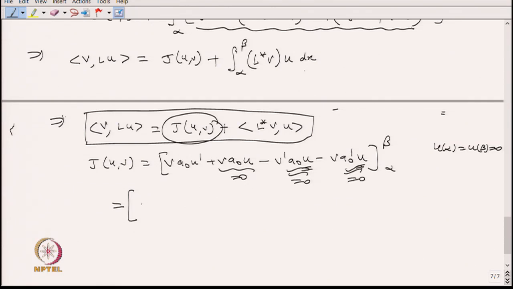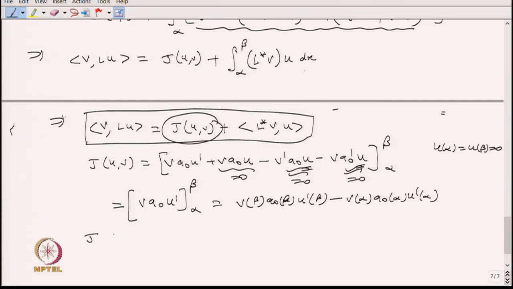So, we will come up with only v a naught u dash between alpha and beta. So, this will be v at beta a naught u dash at beta, minus v of alpha a naught alpha u dash at alpha.